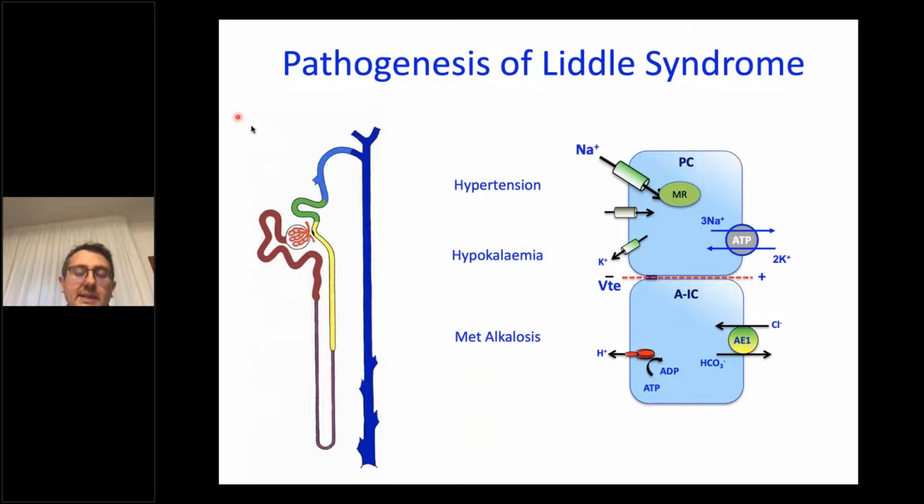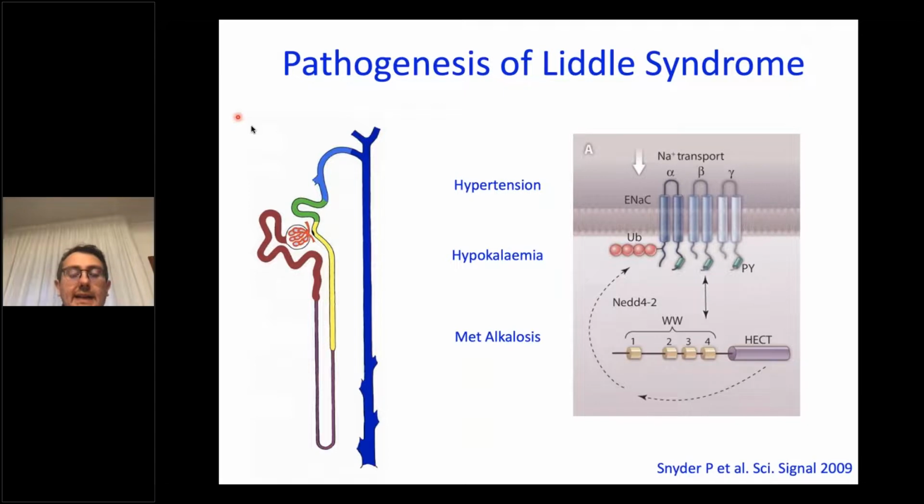So we need something that interacts directly with ENaC, and so amiloride and triamterene are the drugs of choice in this condition. And how can the mutation affect ENaC regulation? This has been clearly stated for mutations occurring in beta and gamma ENaC.